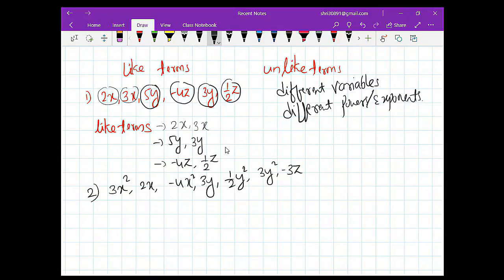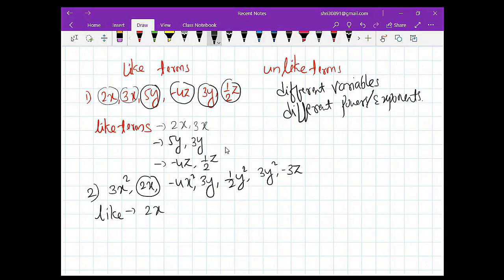See, if we are going to separate the like terms, first see about the variables which are same and the power. Both you have to consider. See here, 2x is only one term.